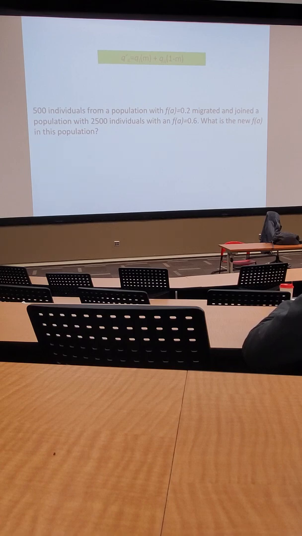So we have 500 individuals from a population with this allele frequency. They migrate and join an existing population. What is the new FA in this population? So how am I going to set this up?